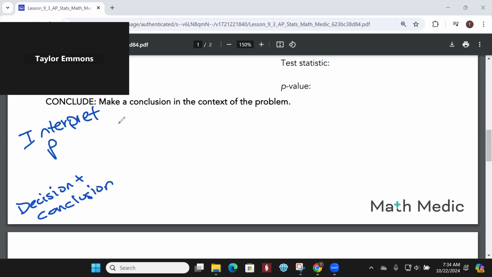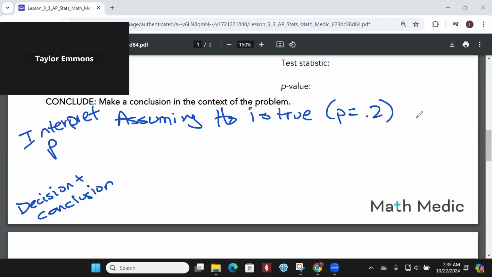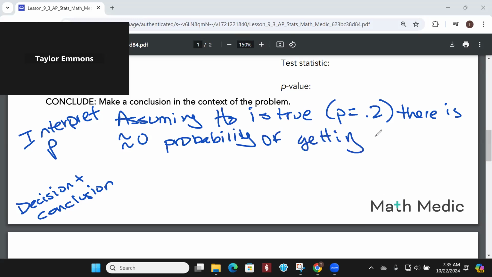So interpreting p, we're going to say assuming that the HO is true, p equals 0.2, there is about a 0 probability of getting 0.647 equals p hat or greater purely by chance.